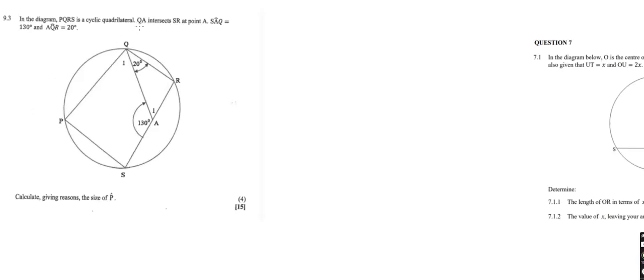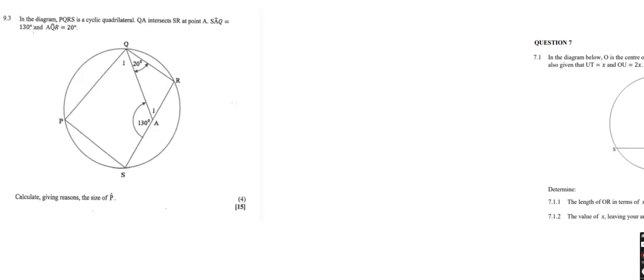So they say here QA intersects SR. Here's QA, which intersects SR at point A, and then SAQ is 130 degrees, meaning that this A is going to be about 50 degrees, right, to make the angles on a straight line 180.